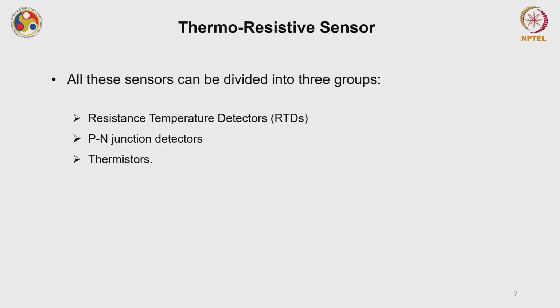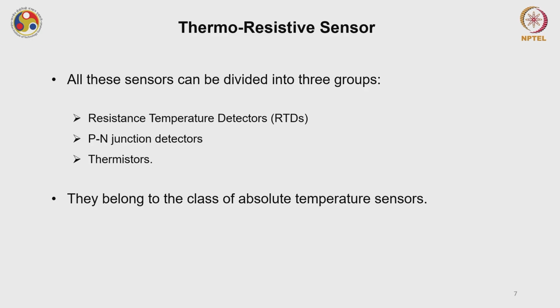As I have mentioned, these sensors can be divided into various groups. Particularly, thermoresistive sensors can be divided into three different groups. First are resistance temperature detectors, which are the RTDs that we are discussing. Then we have thermistors and then PN junction detectors. All are dependent on modulating the resistance of either a metal wire, a semiconductor film or a simple PN junction.